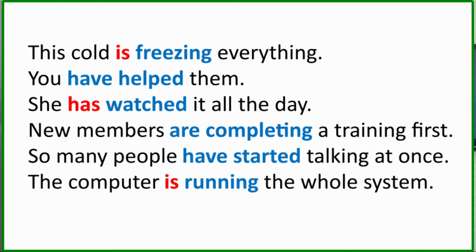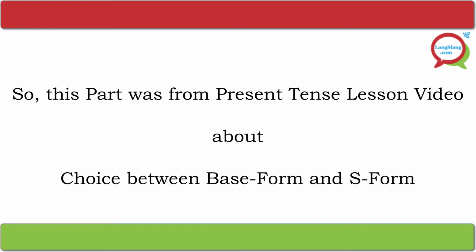So it is with she because she is a singular subject. I said use S form with singular subjects other than I and you. I did not use the term third person singular subject as it is used in most of the grammar books. I did not use that term only to make things simpler, easier, because it is just a beginner's lesson.